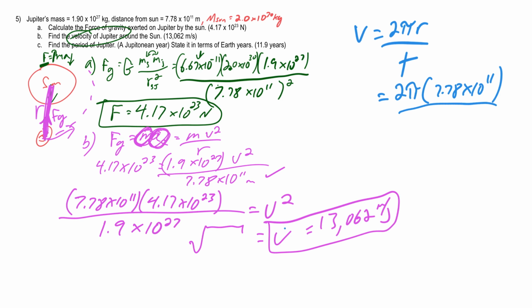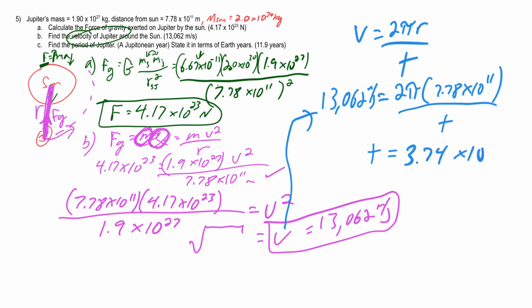And we'll use this velocity up here, so about 13,000, divided by the t. So I get a t of approximately 3.74 times 10 to the 8 seconds. So that's in seconds there.